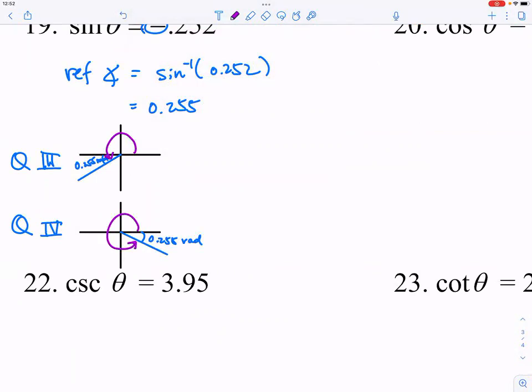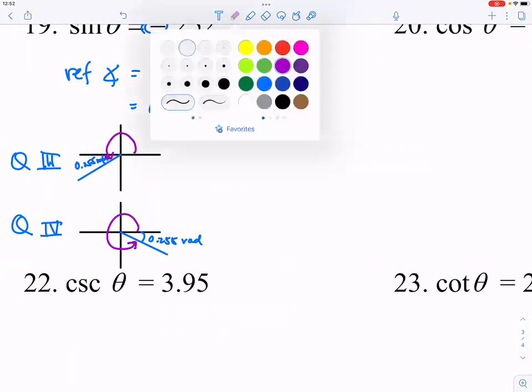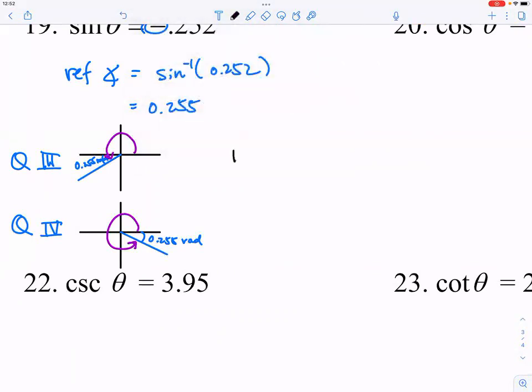For the one in quadrant 3, we'll do pi plus 0.255. And then you put into the calculator whatever it gives you. It's in radians, 3.397 radians.